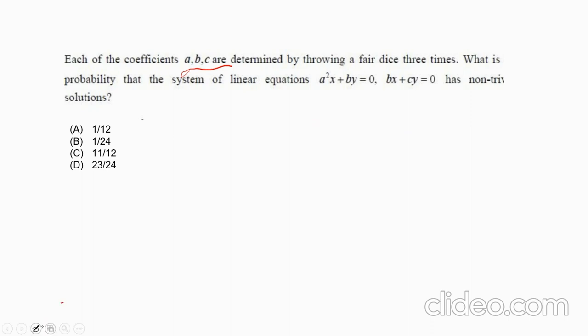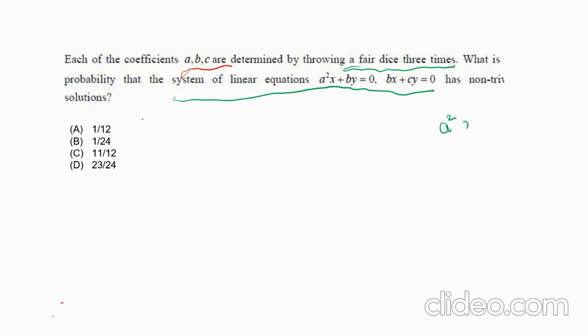Then what is the probability that the system of linear equations a square x plus by is equal to 0 and the second equation bx plus cy is equal to 0 has a non-trivial solution?